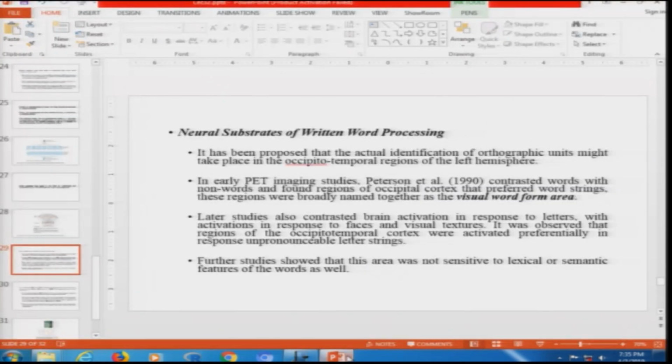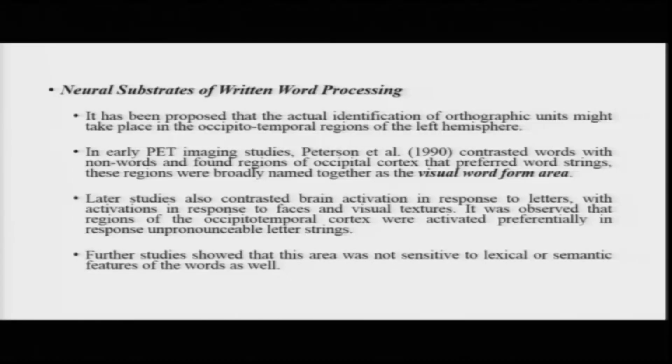In early PET studies, Petersen and colleagues contrasted words with non-words, and they found regions of the occipital cortex that preferred word strings, and these regions were lumped together and referred to as the visual word form area.